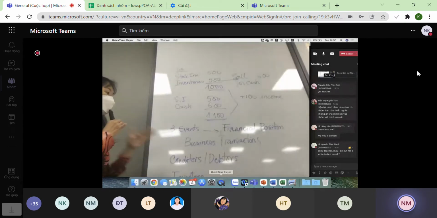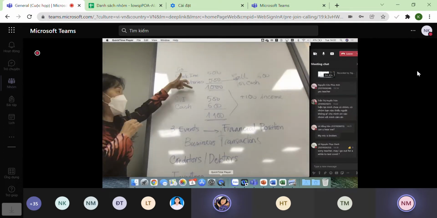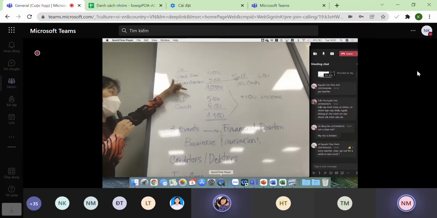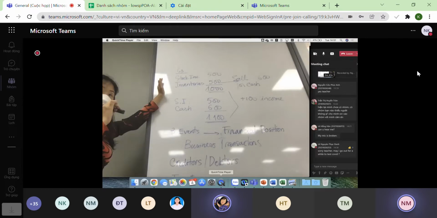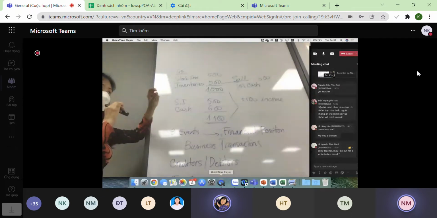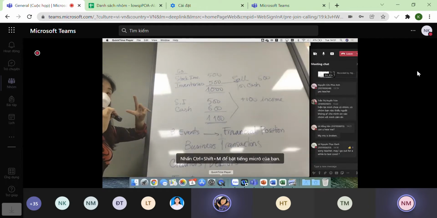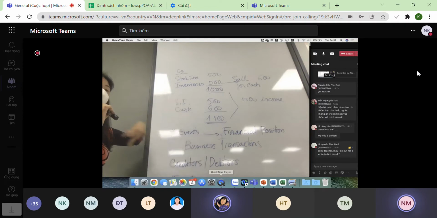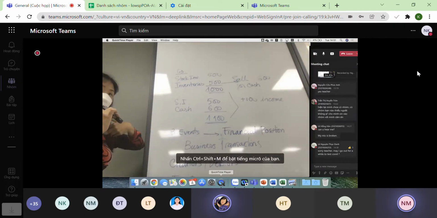For example, we have capital of $1,000, and the managers want to increase it to $1,500. So the managers have two plans. Plan A, they can borrow more money from the creditors.